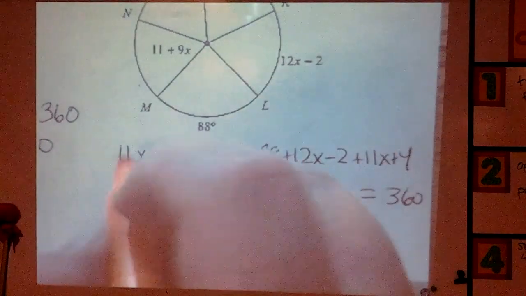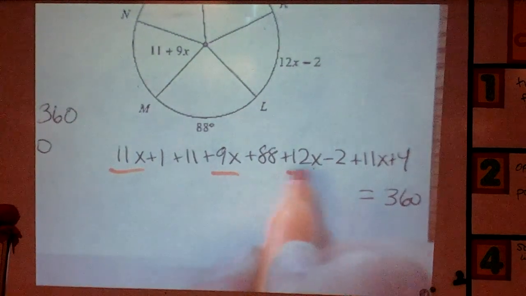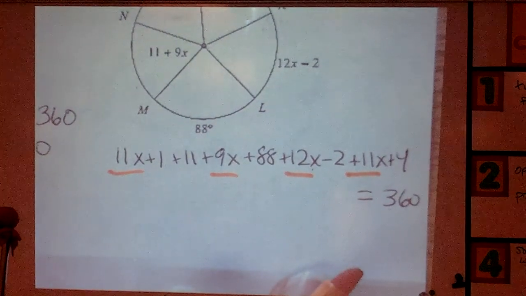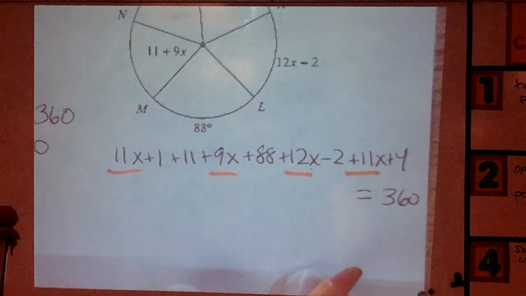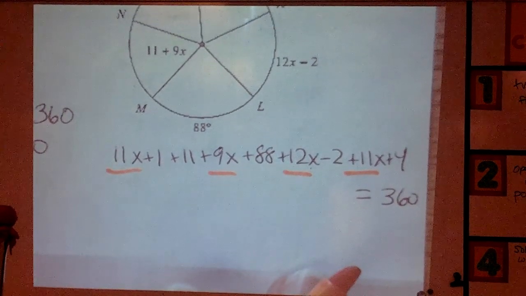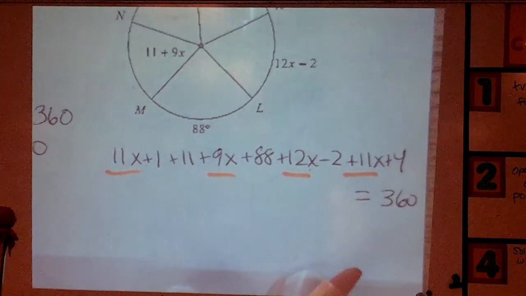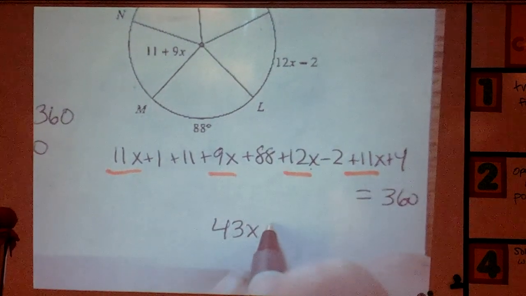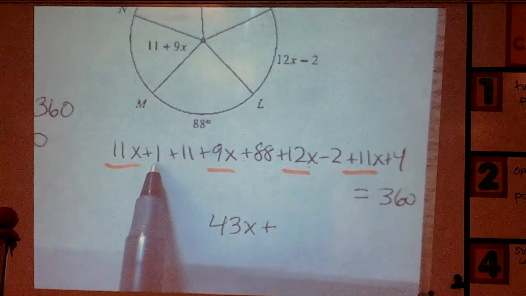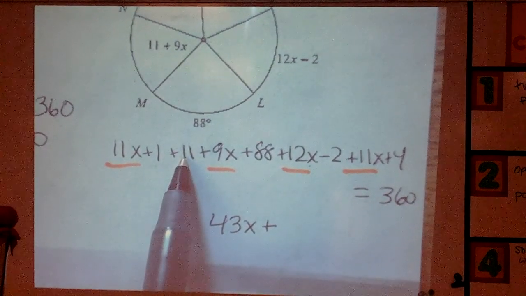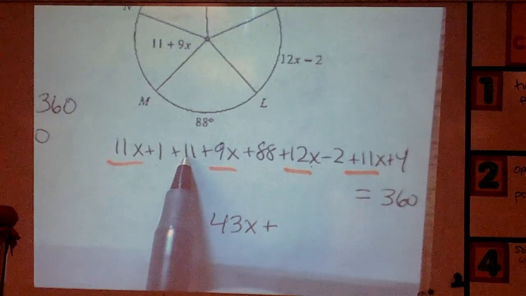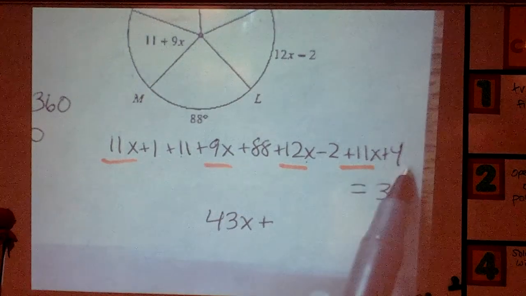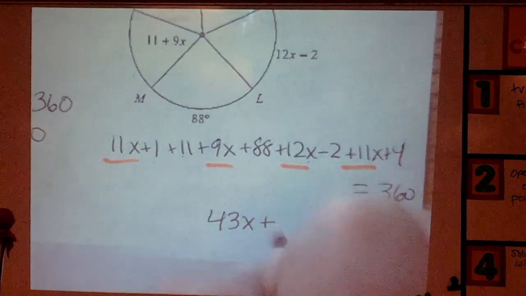Personally, I think it's a little bit easier if you start underlining your like terms. So I have 11 plus 9 plus 12 plus 11, which would give me 43x, plus 1 plus 11 is 12, plus 88 is 100, minus 2 is 98, plus 4 is 102.